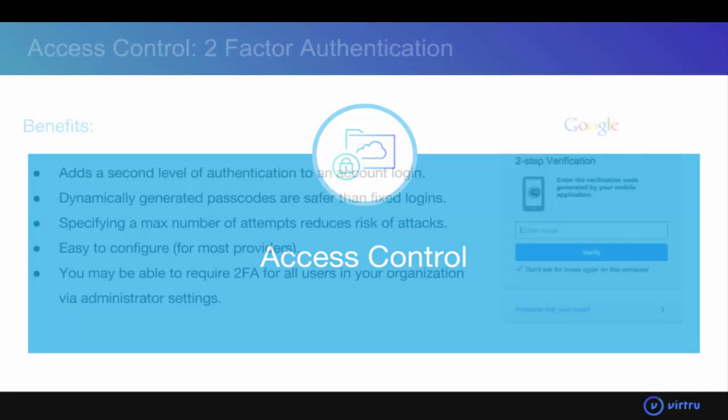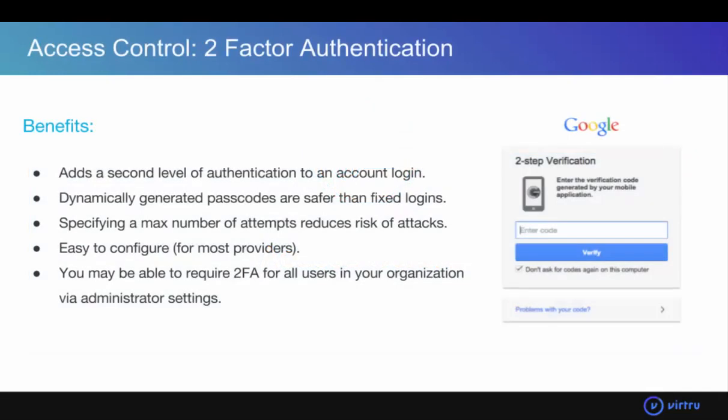And really what we have found from research, the easiest and most straightforward way to ensure that only identified parties have access to your network is by enabling a concept called two-factor authentication.